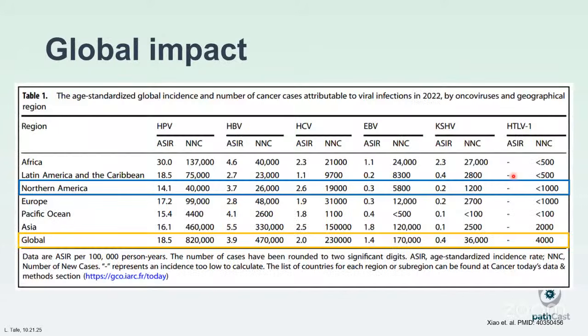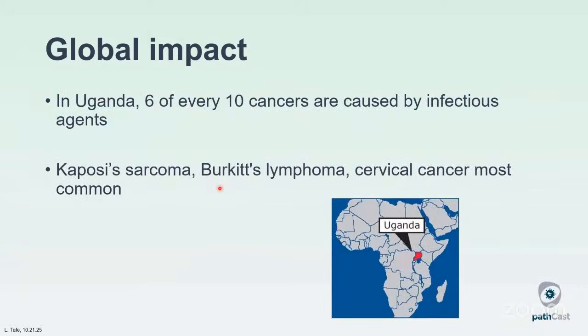Overall, the global impact of viral oncogenesis in viral-related tumors remains significant. As you can see, I highlighted North America as well as global populations, and by different viruses, we do see that there continues to be large proportions of cancers that have viral etiologies. And just to bring this home a little bit more, Uganda plays an important part in the history of some of the viral oncogenesis discoveries.